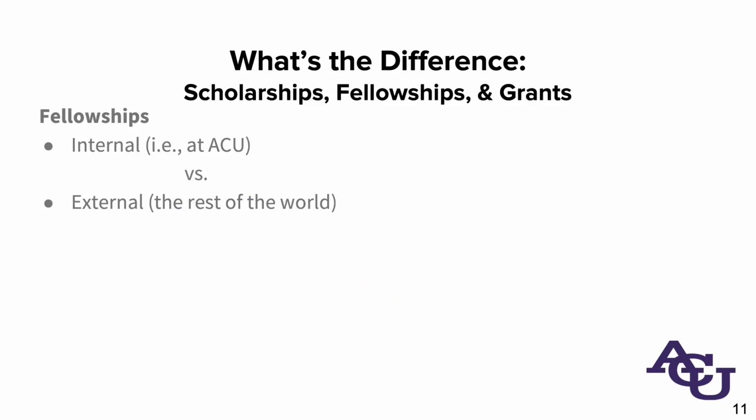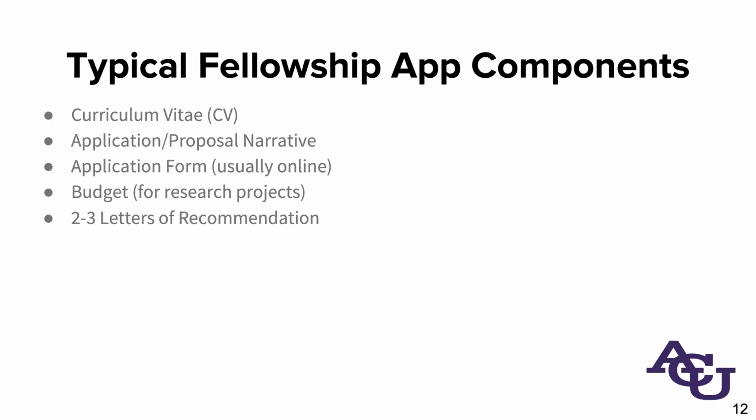Now, you'll also see things called internal and external awards. An internal meaning something that's from your institution and generally limited to people at that institution, and external meaning it's somewhere outside that you can apply for and that probably other people from other institutions can also apply for.